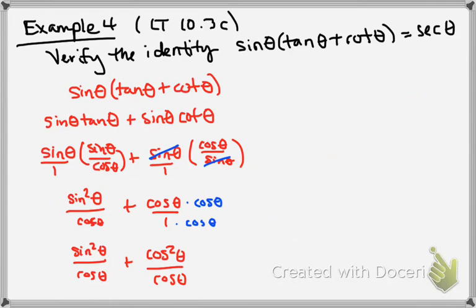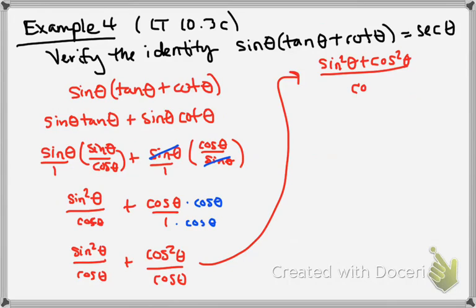Now that they have a common denominator, I can add them together. On top, I have the sine squared of theta plus the cosine squared of theta, all over the cosine of theta. Now, if we remember from our identity sheet, we have a Pythagorean identity that says the sine squared of theta plus the cosine squared of theta is 1.